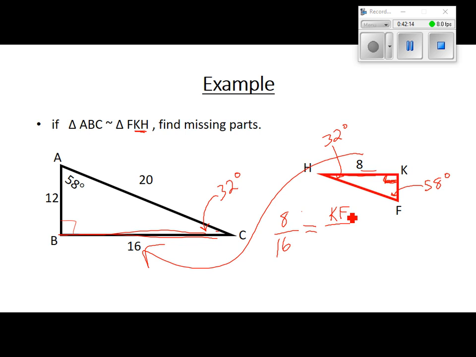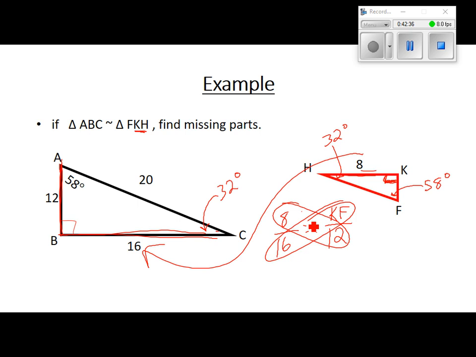What's KF match up to in the other one? BA. So that's 12, right? Then to solve that, we're just going to cross multiply. And most of you can probably do this in just a step.